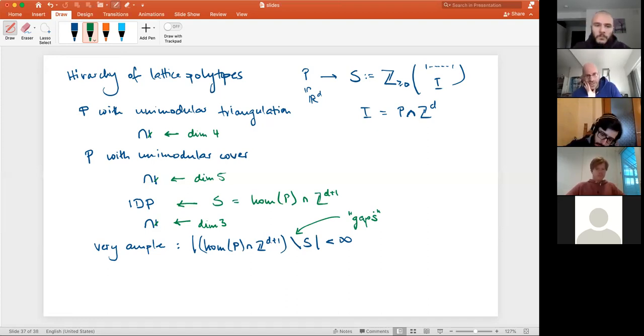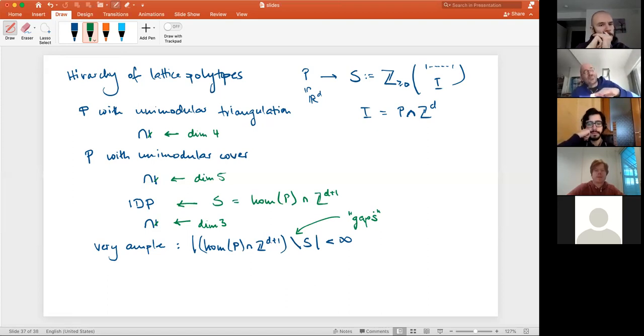And so you can ask the following question. Where can these gaps be? So here's your height 1. This is where your polytope lives and your integer points. They're all there.